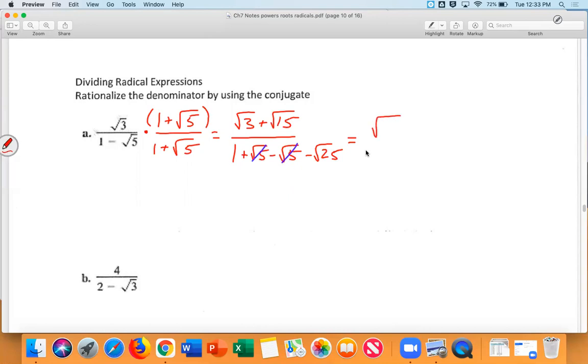And I have root 3 plus root 15 over 1 minus 5. And my answer would be root 3 plus root 15 over negative 4.